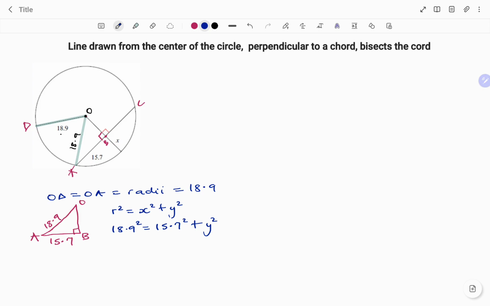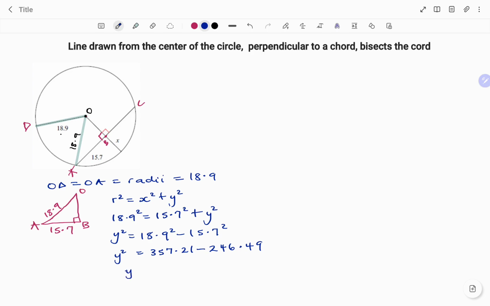Using the balance method, I'm going to take 15.7 squared to the other side, and because that's a plus, it will be a minus. Therefore, my y squared is equal to 1357.21 minus 246.49.